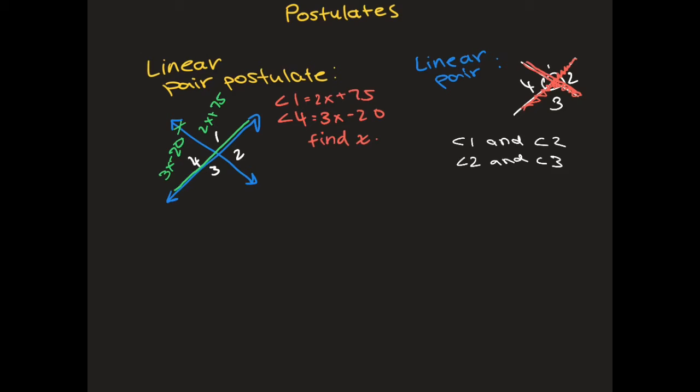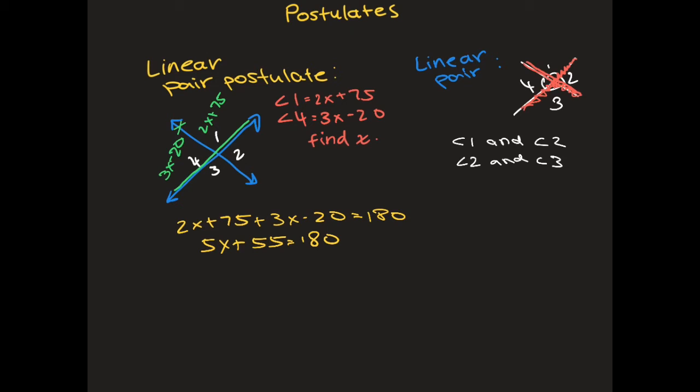Our next step will be 2x plus 75 plus 3x minus 20 is equal to 180. Now we'll add like terms. 3x plus 2x is 5x, and 75 minus 20 is 55, so 5x plus 55 is equal to 180.